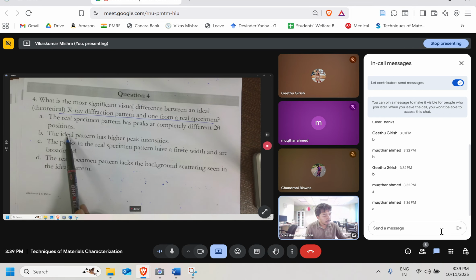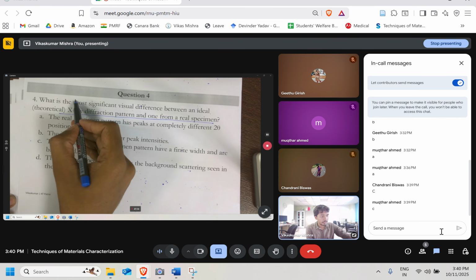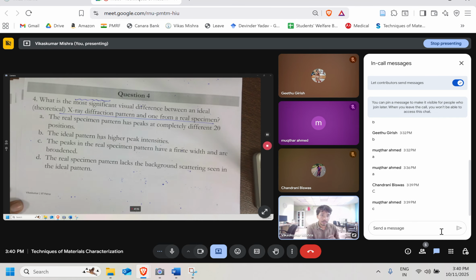B, the ideal pattern has the highest peak intensity. C, the peak in the real specimen pattern has a finite width and dark border. D, the real specimen pattern lacks the background scattering seen in the ideal pattern. What do you think? Which one is the most significant difference?